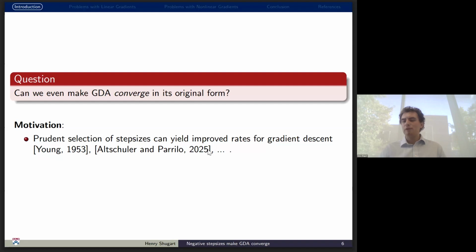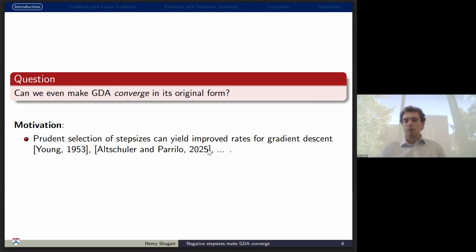The motivation for this is largely based in some recent as well as classical work about selecting step sizes in convex optimization and how this can lead to improvements in rates. Dating back all the way to the 50s, it was shown that by modulating the size of your steps, you can get full acceleration on convex quadratics by just changing the step sizes.